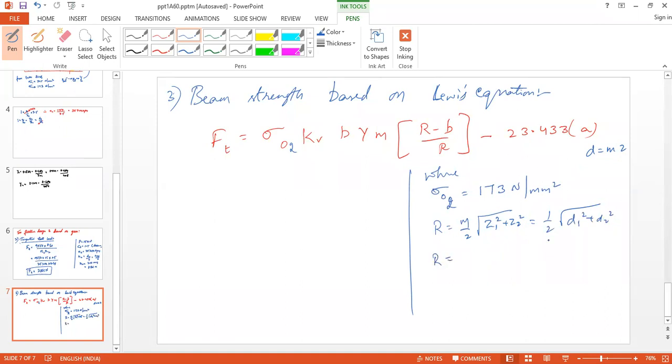So what is the value of R? You know this D1 is 120 and D2 is 420.